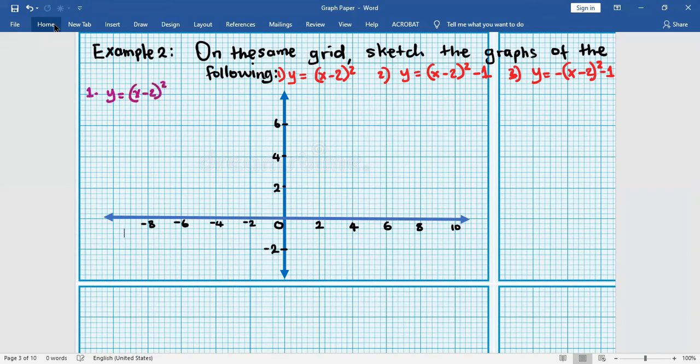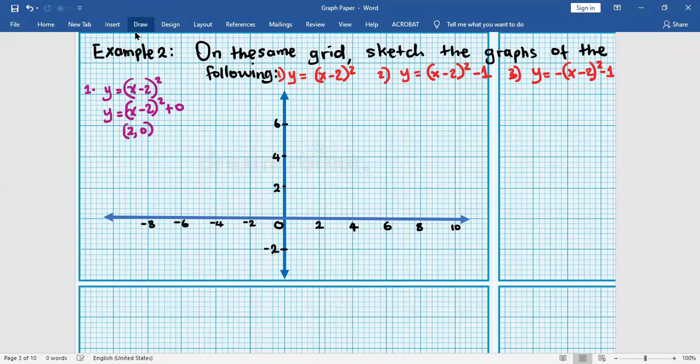Now, this actually means that q is 0. So it's like y equals (x minus 2) squared plus 0. So here the vertex will be (2, 0).